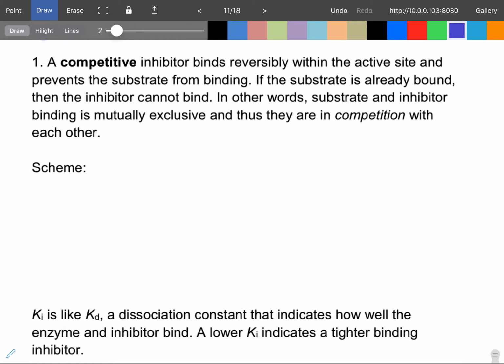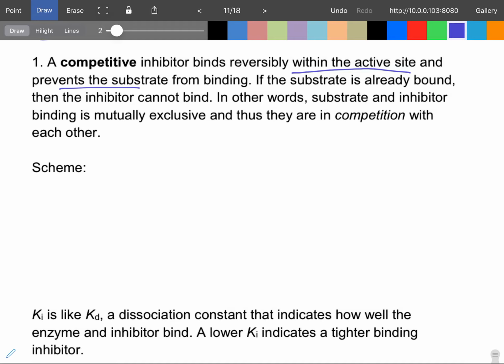This means it's going to bind within the active site and prevent the substrate from binding. Conversely, if the substrate's already bound, the inhibitor can't bind. So binding of those two to the enzyme is mutually exclusive. Only one can bind at a time, and thus they are in competition with each other.